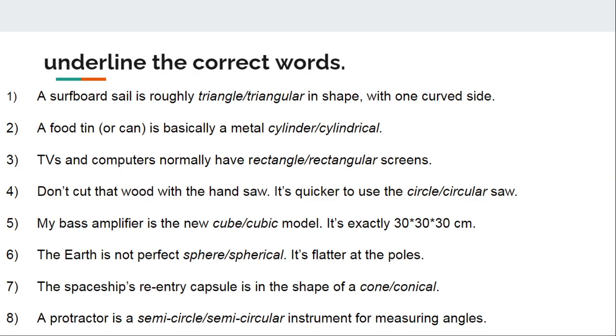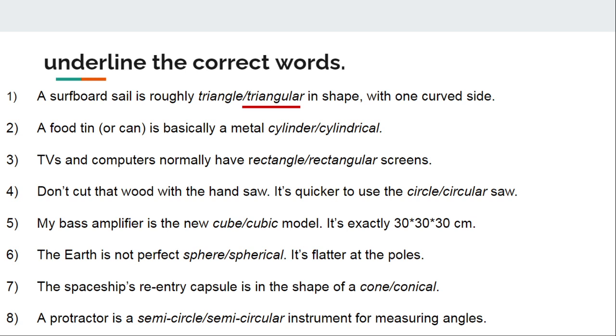Underline the correct words. A surfboard sail is roughly triangle or triangular in shape with one curved side. So we say it is triangular in shape. A food tin or can is basically a metal cylinder or cylindrical.